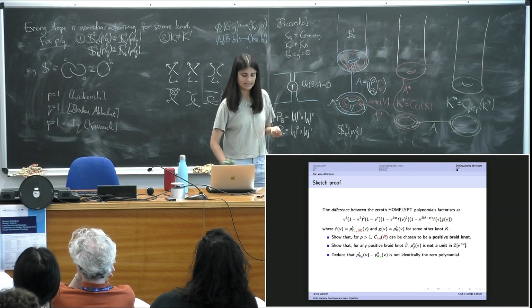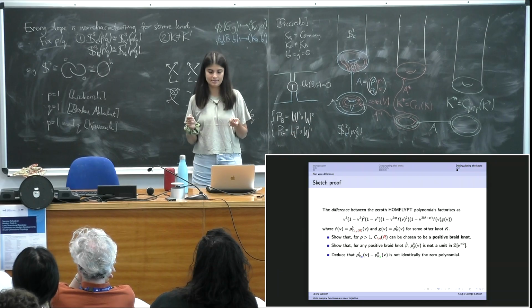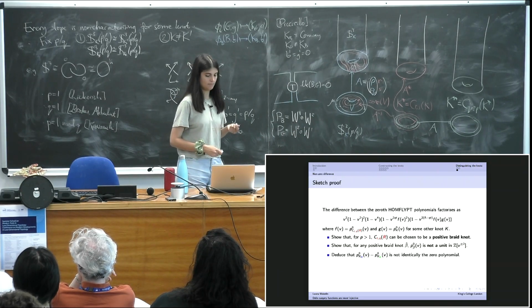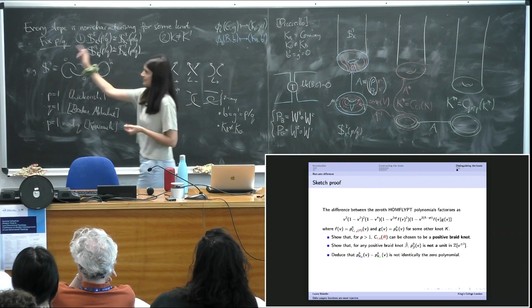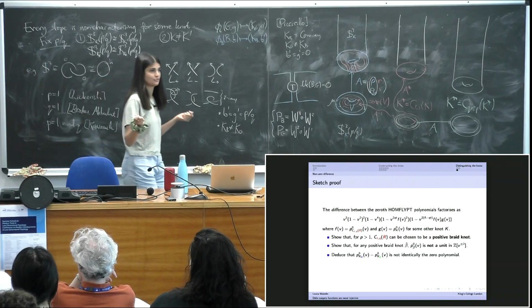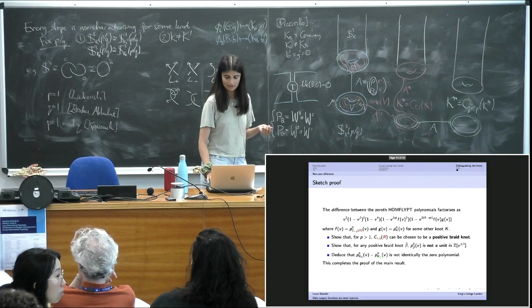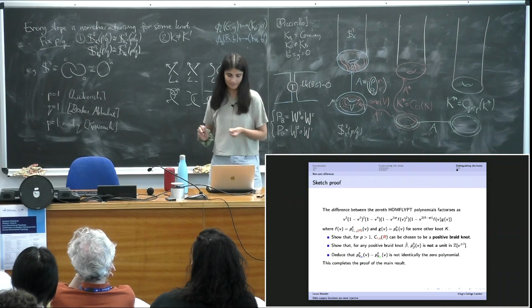And we do that by choosing our parameters so that this cable of red is a positive braid knot, and then we show that for any positive braid knot, the polynomial can't be a unit, and then we can deduce that none of these factors in the difference are zero, and so we have this non-trivial difference between the two polynomials, and therefore the knots must actually be different. So I think that's everything I had to say.